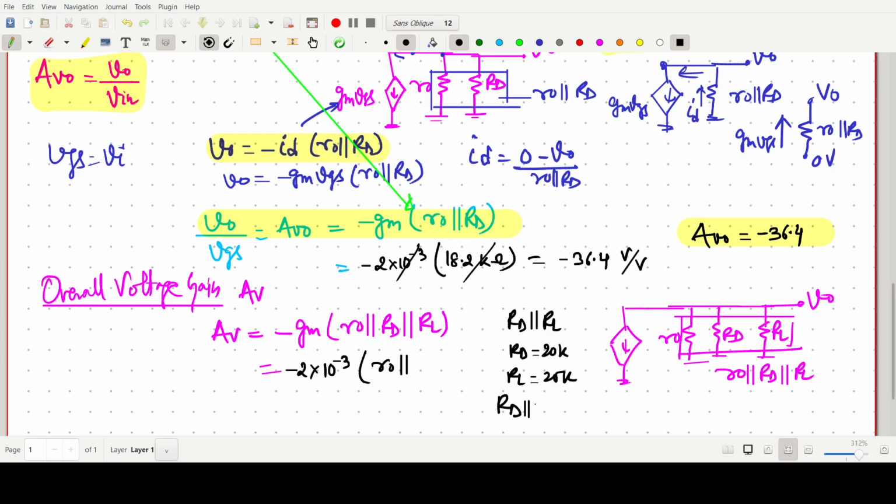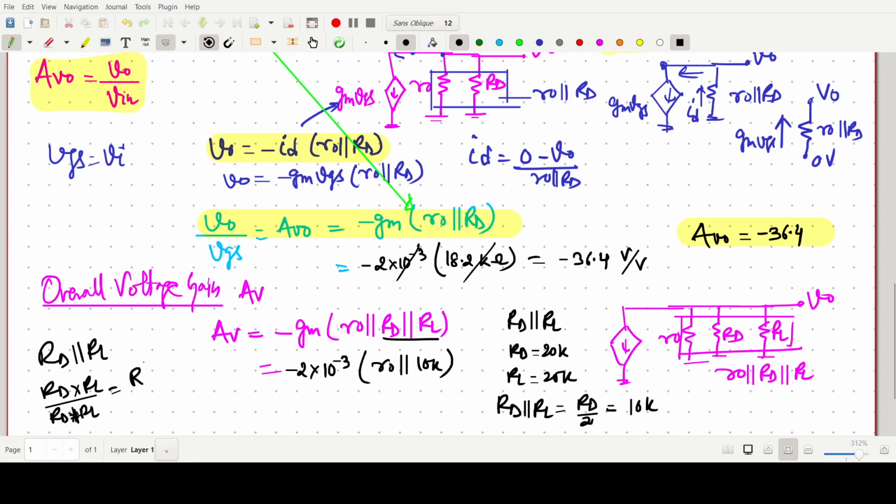So RD parallel with RL is RD by 2 because both are the same, meaning 10k. Means RD parallel with RL is RD into RL by RD plus RL, so R square by twice R, so R by 2.